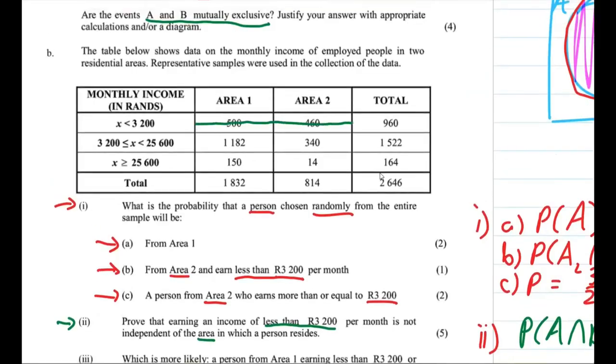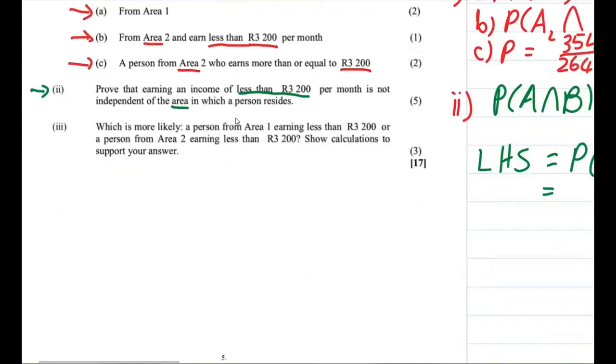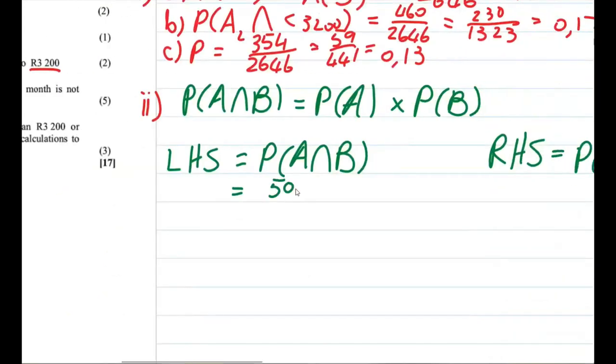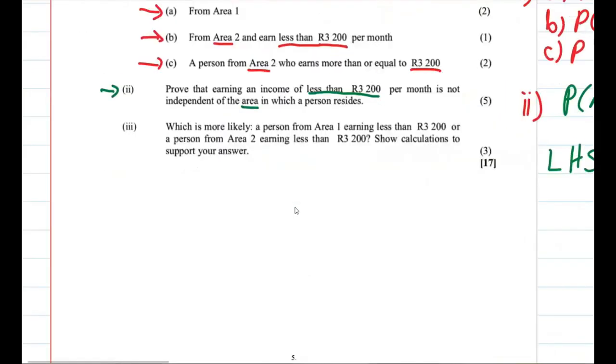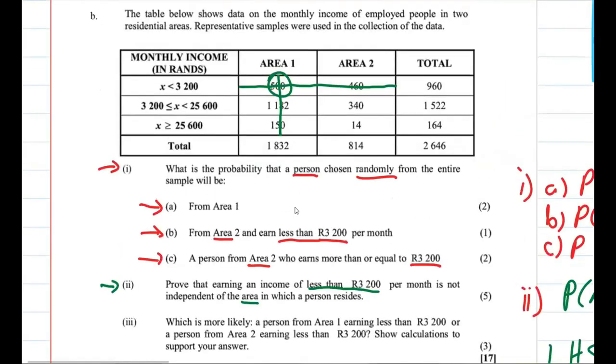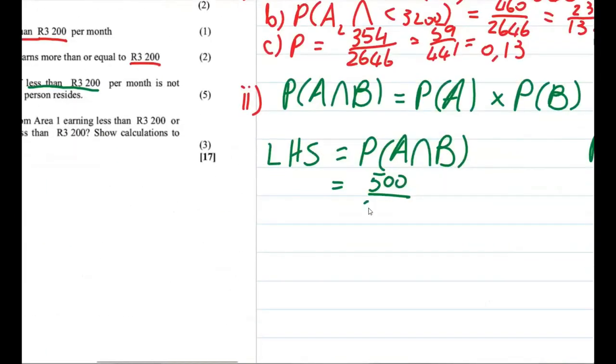Yes. Now choose any area, area 1 or area 2. Which one would you like? Area 1. So we're going to make them cross. Where do they cross? At 500. So the probability of A and B is 500 over what? 2646.